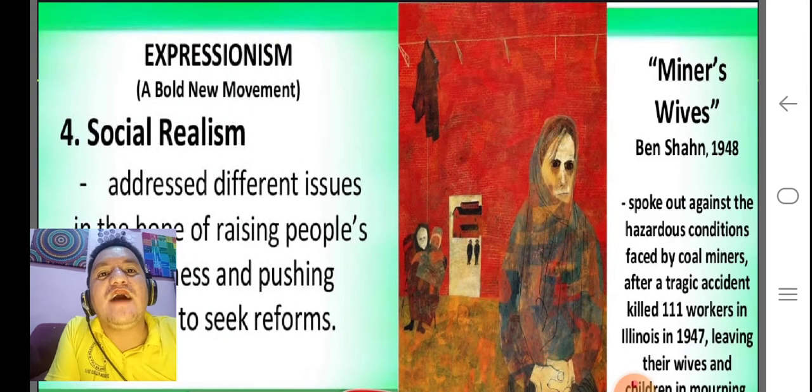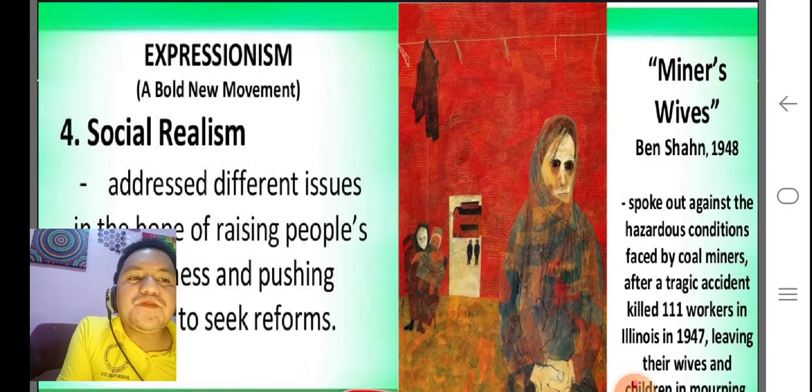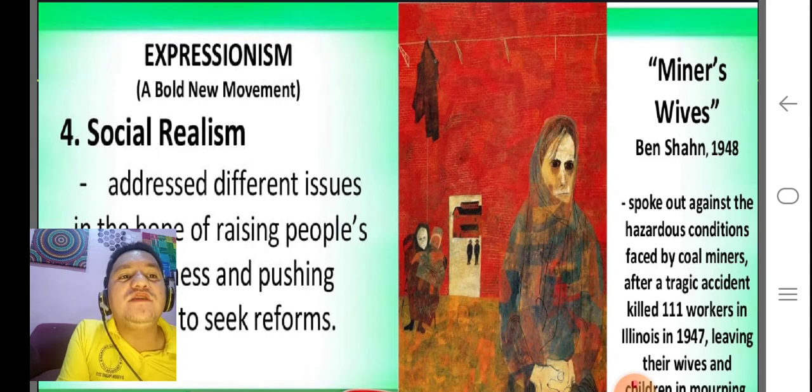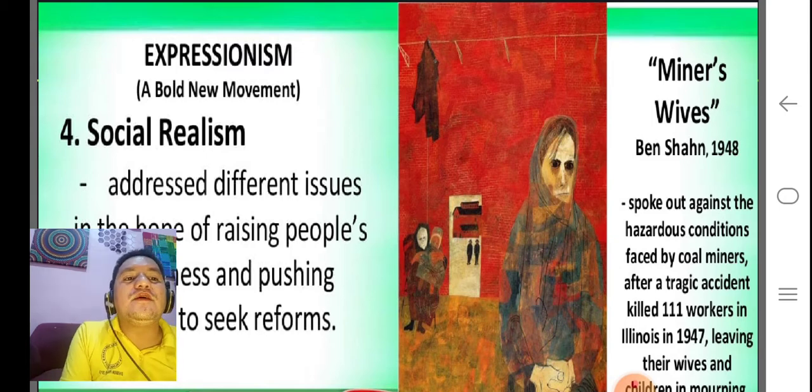Here is the example of social realism. The Miner's Wives by Ben Shahn in 1948. They spoke out against the hazardous condition faced by coal miners after a tragic accident killed 111 workers in Illinois in 1947, leaving their wives and children in mourning.